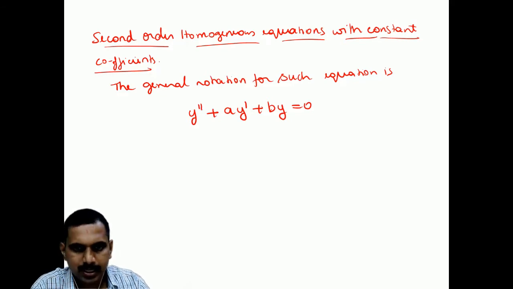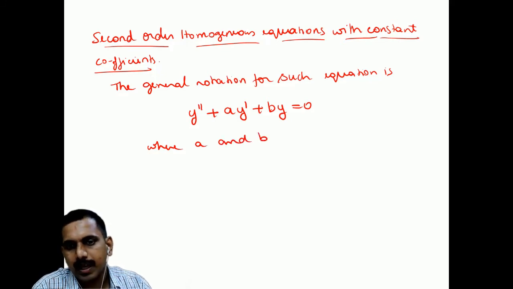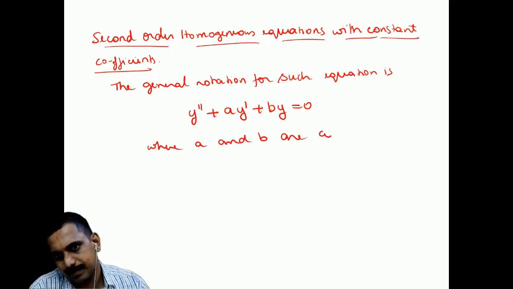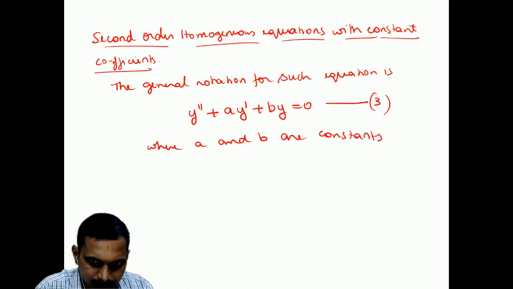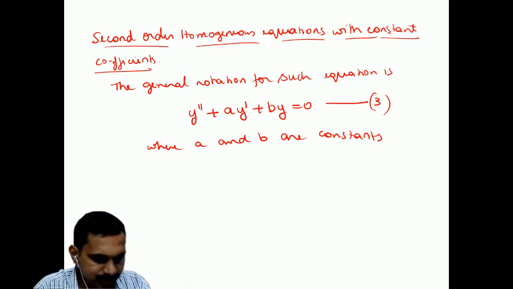Okay, this is the general notation where a and b are constants. Let us give this equation number 3, students.